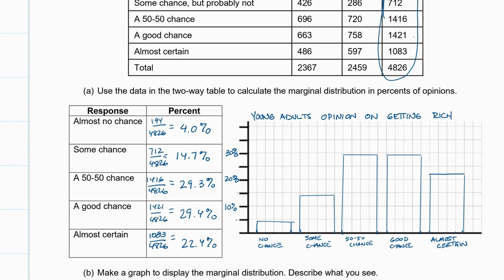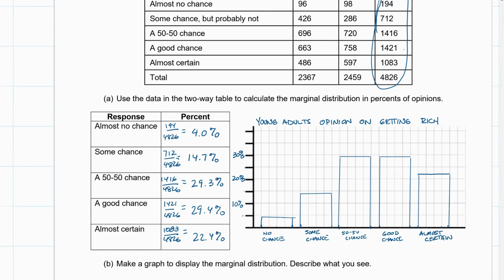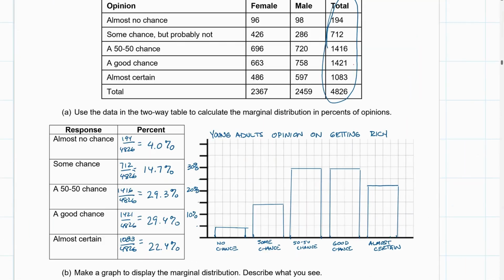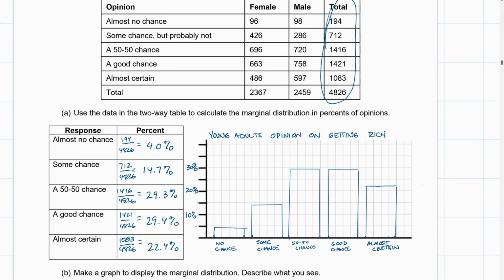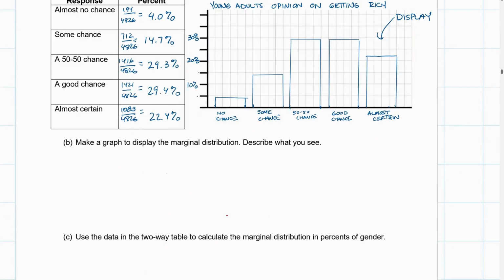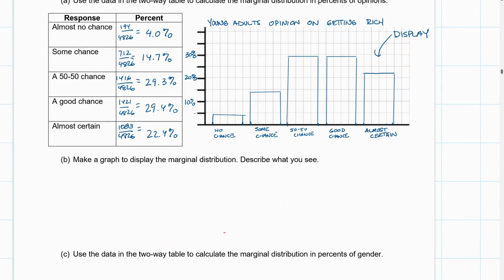That should be good. And remember, this is all part of this idea of data analysis. What do we have here? We organized. What do we have here? We displayed. And then what's being asked of us to do? Describe what we see.